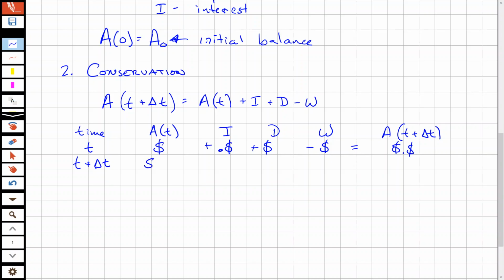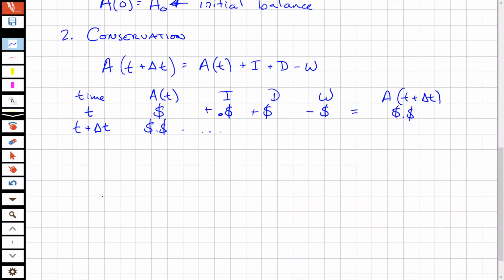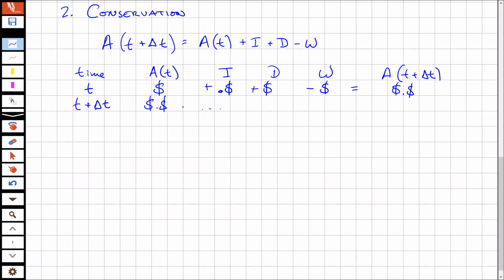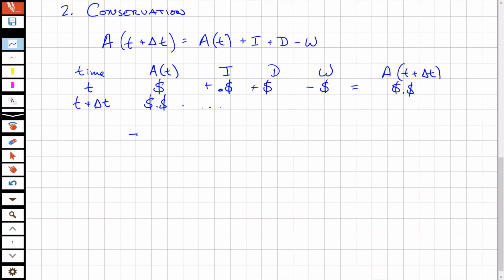So we have this value now, and then you go through this process again. This is typically how we view something like accounting. It is a rigorous method, so we're keeping track of every little detail here. The other thing is it's heavily dependent on delta t.